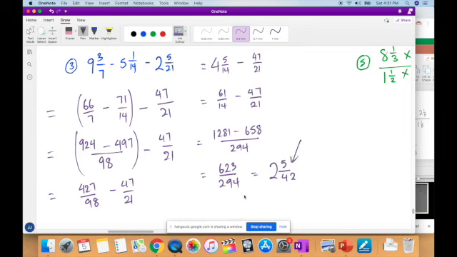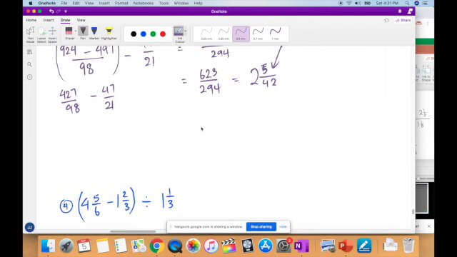Do you guys know how to use a calculator to reduce? Yeah, okay. Your calculator should have a button a b over c. You all know that button? Right.